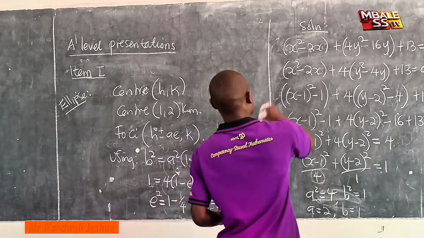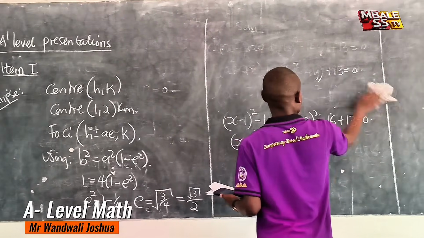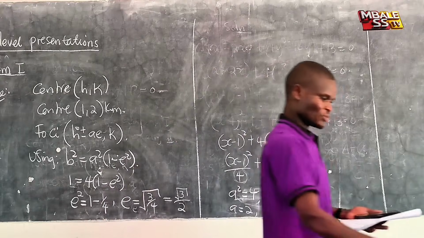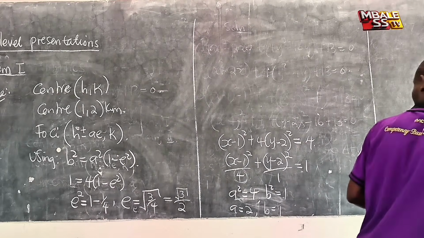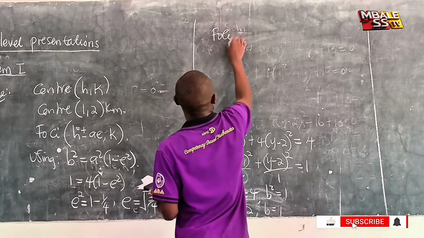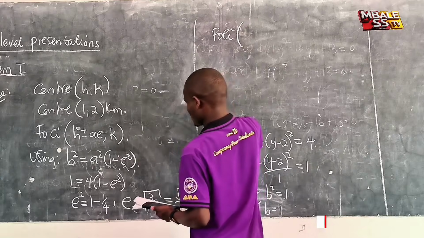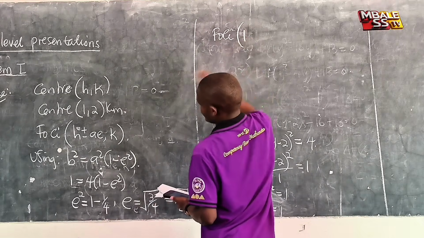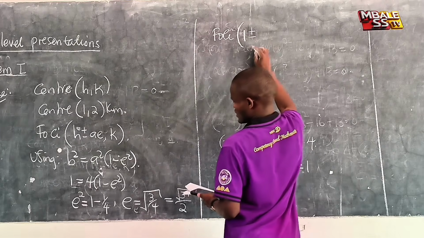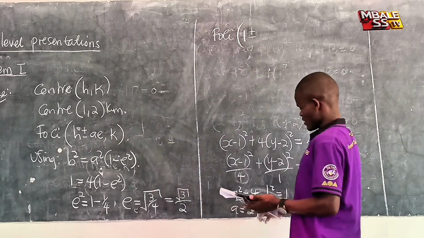So after getting the eccentricity, we can now easily substitute to get the value of the foci. So the foci coordinates are h, which is 1, plus or minus ae. a is from here, a is 2.